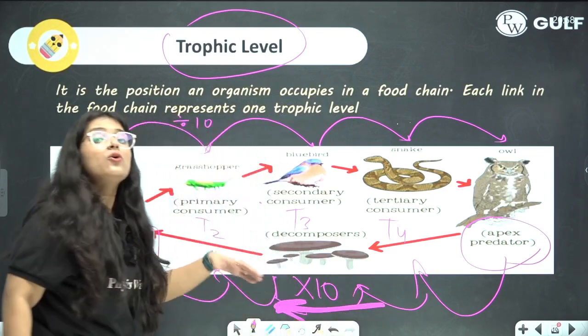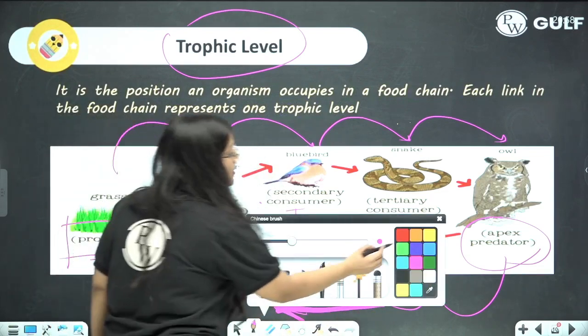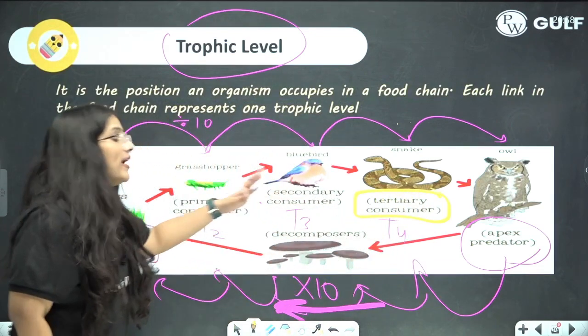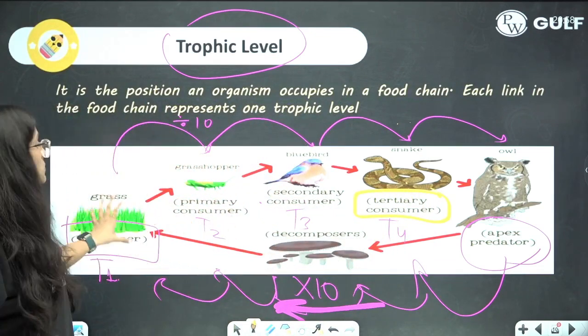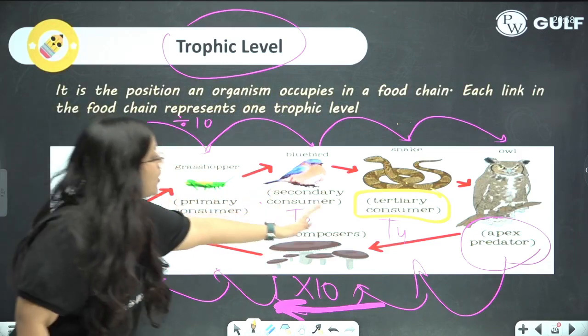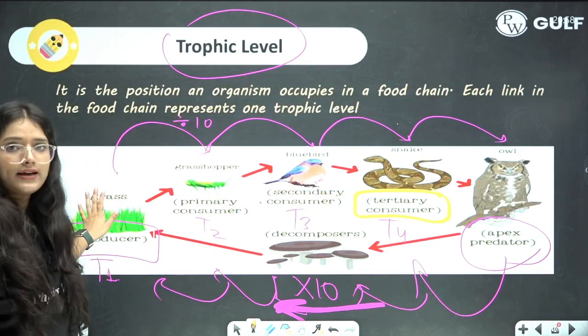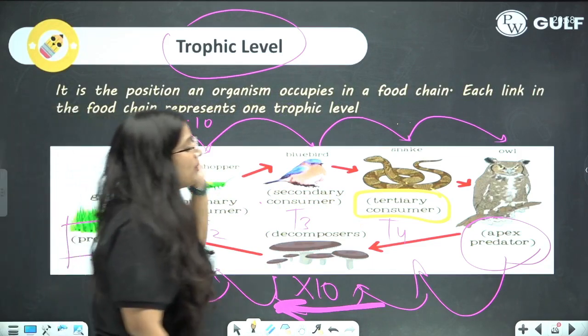The question will give you the energy of the tertiary consumer, and you have to find the initial energy with the producer. So all you need to do is multiply by 10 one time, two times, and thrice. I hope it's clear.